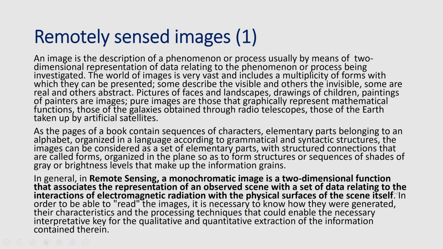In order to be able to read the images, it is necessary to know how they were generated, their characteristics, and the processing techniques that could enable the necessary interpretative key for the qualitative and quantitative extraction of the information contained therein.